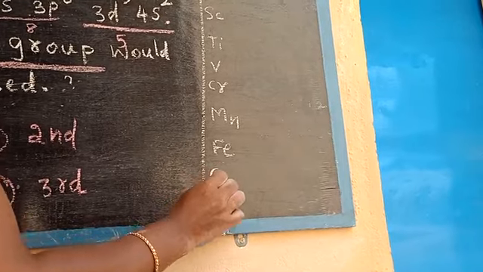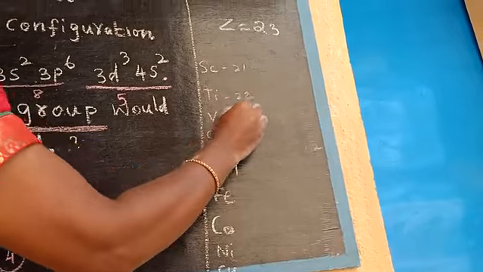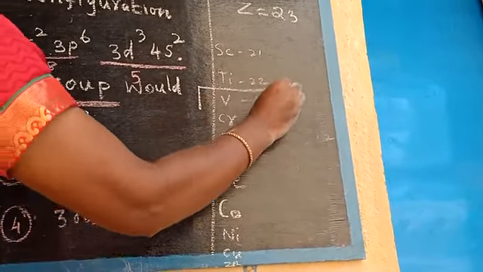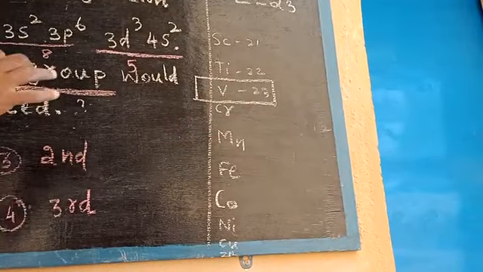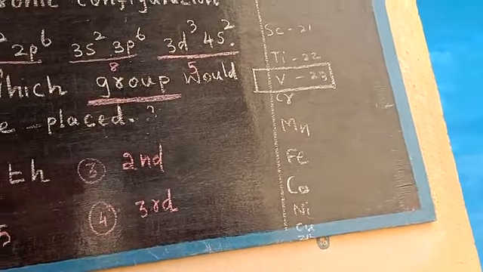So now 21, 22, 23. So now you find the element, the atom. Now you have guessed it, it is vanadium.